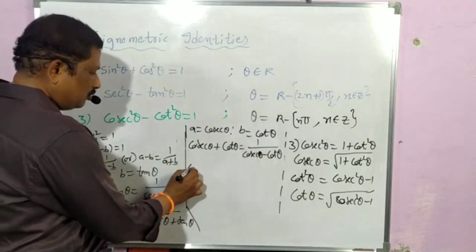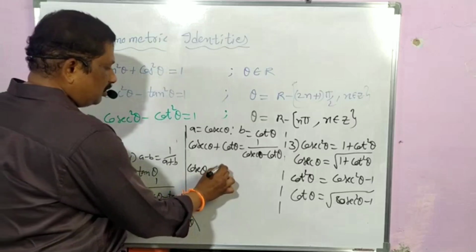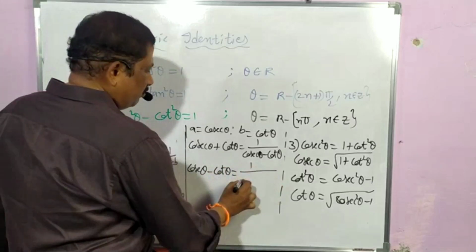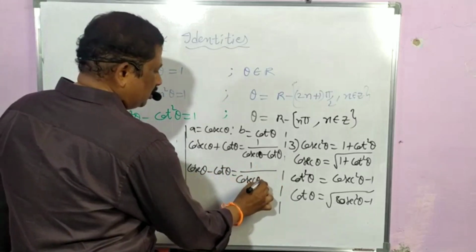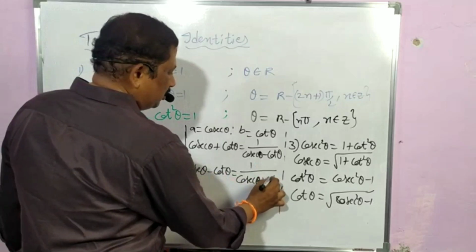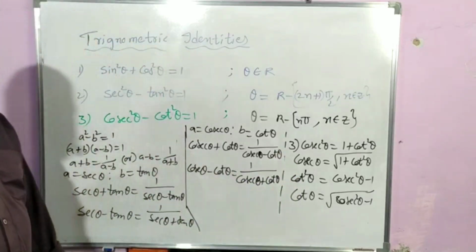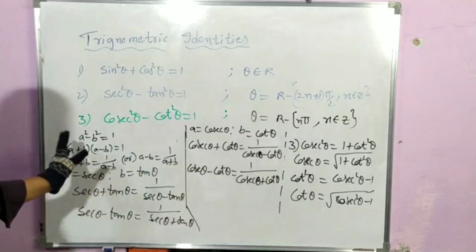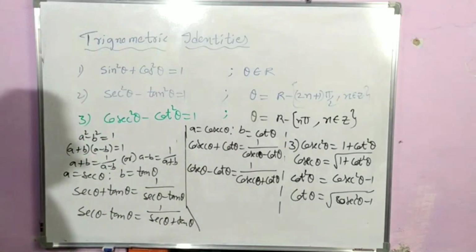Next, cosecant theta minus cot theta is equal to 1 by (cosecant theta plus cot theta). Is it clear? So these are the other forms of these trigonometric identities. Okay. Next.